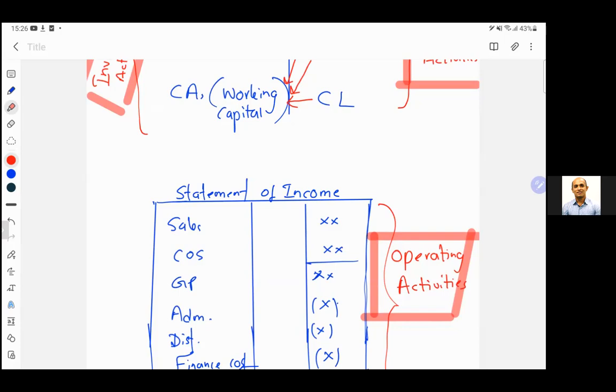So if you have analyzed these three types of activities, and if you can make sure that these three activities are fairly represented in the financial statement, then your financial statements are ready to start the financial analysis.